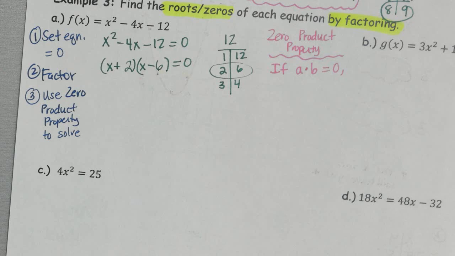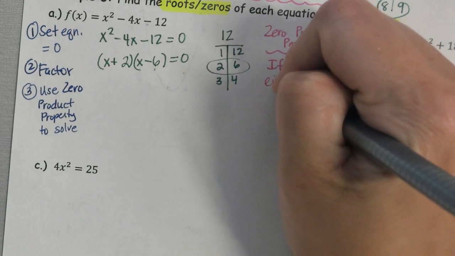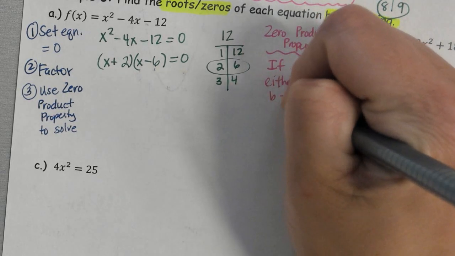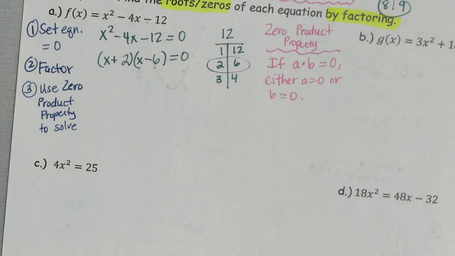Because if you're multiplying and you get 0, what do you know? One of them has to be 0. We don't know which one. So either A has to be 0 or B has to be 0. Right? And that's something you guys all know. All your hands went up to tell me, yeah, one of those has to be 0, right?